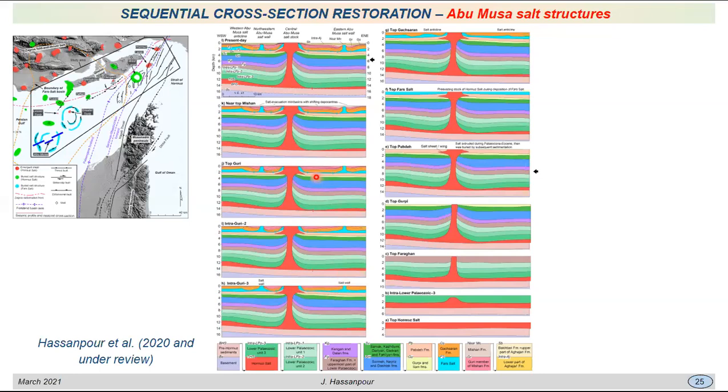So the final geometry that we have got is the welding of the Fars Salt and the development of these salt walls around the central salt structure. And the mini basin above the Fars Salt contains these migrating depocenters toward the peripheral salt walls.